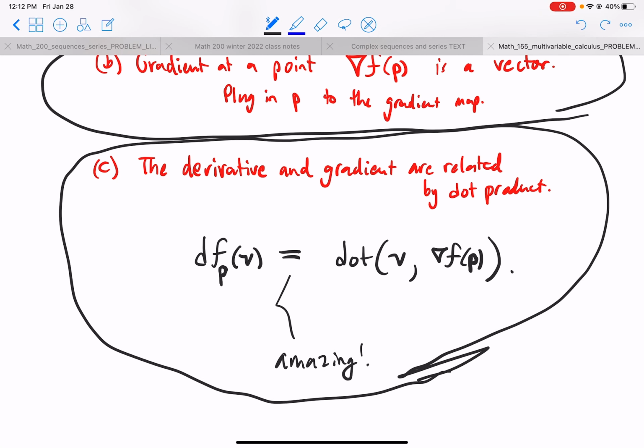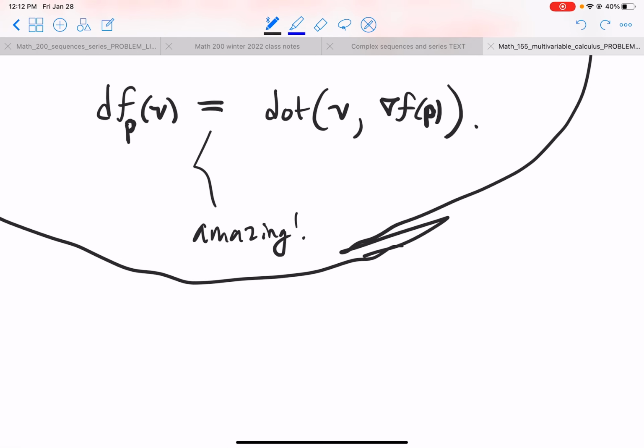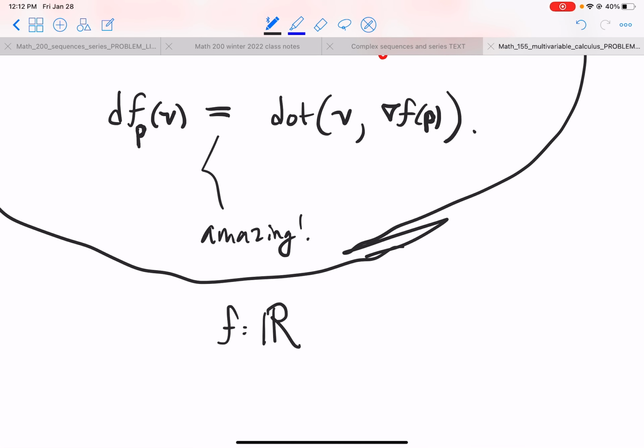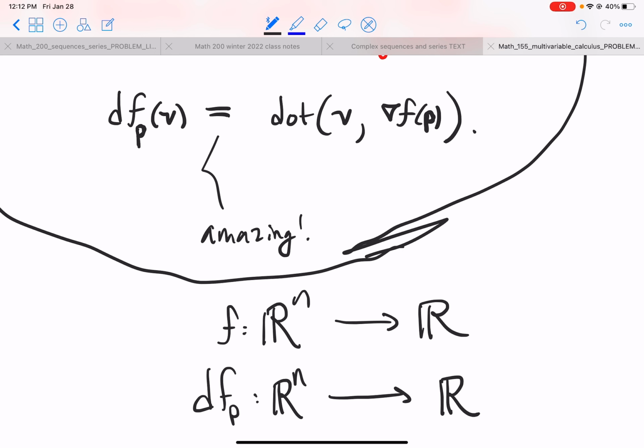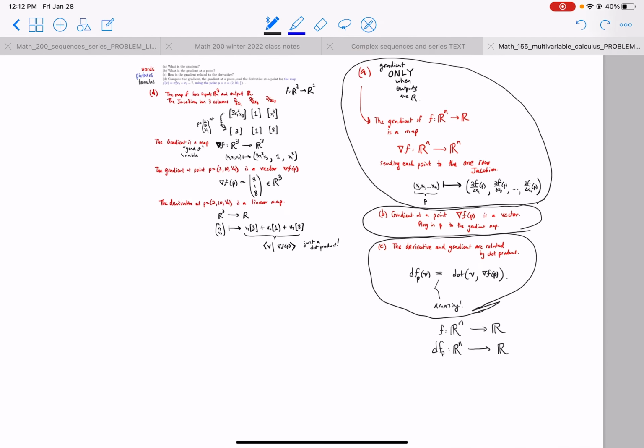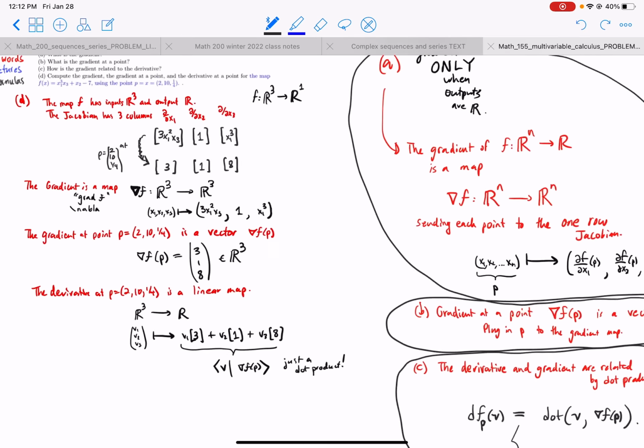Okay, this is a number, and that actually makes sense because remember the original map was from Rn to R1, so the derivative at a point should also be from Rn to R1. It is a linear version of this original map. In this case, here's that one number. That one number is a dot product. And here's the example.